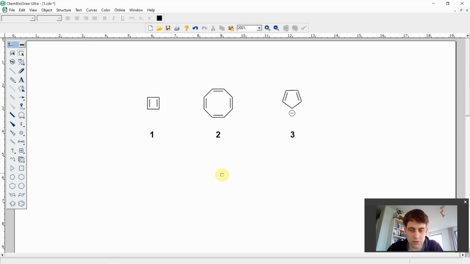Huckel's rule actually helps us to decide if a component is aromatic. The conditions for a component to be aromatic are that it needs to be cyclic, it needs to be planar, and needs to have 4n plus 2 pi electrons, and of course with that also p orbitals.